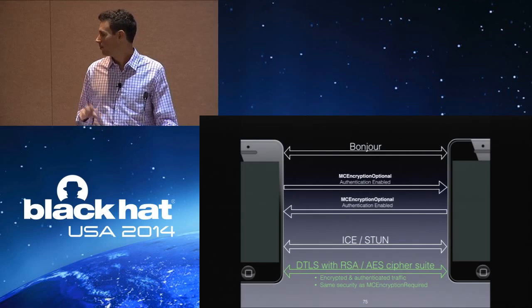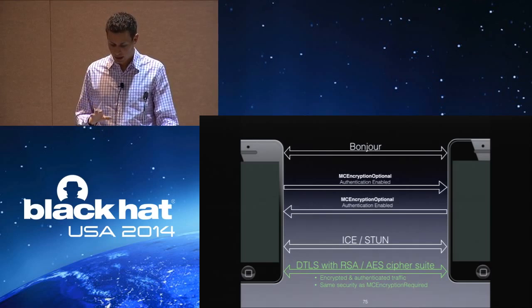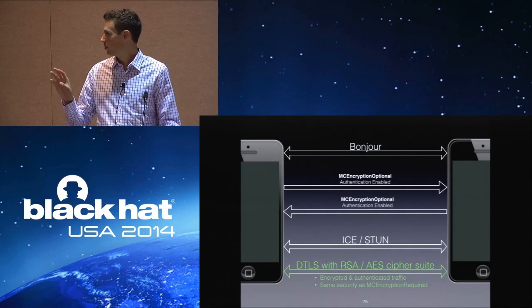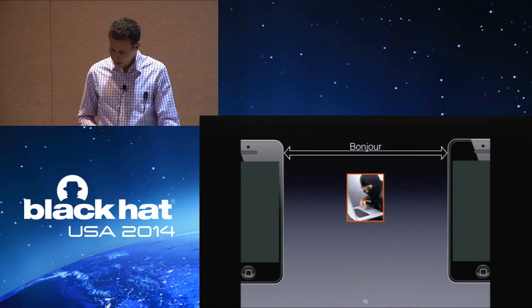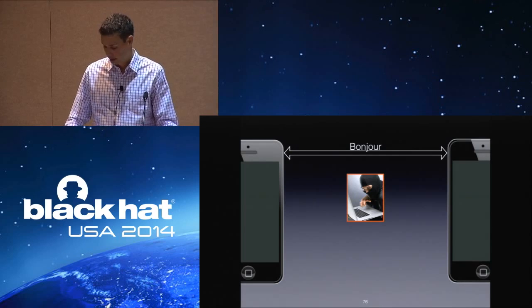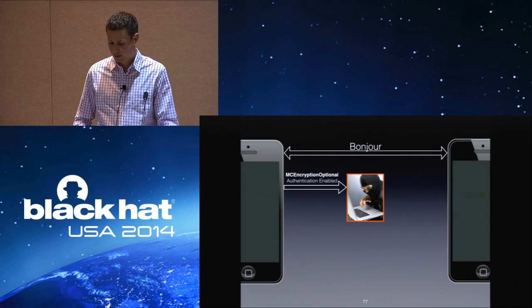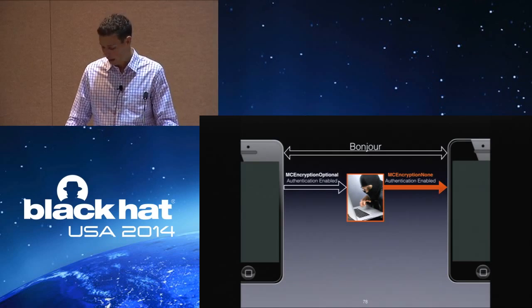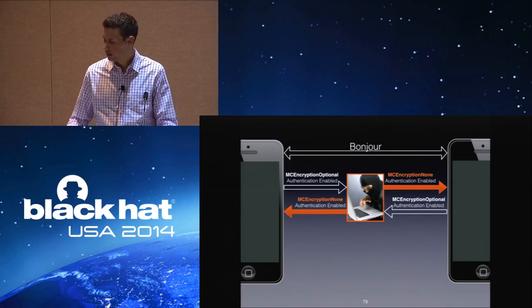So there's something that's kind of wrong with that, because the security settings are exchanged before authentication. So if someone is doing a man-in-the-middle attack, what they can do is change these security settings as they're being exchanged. And so they can basically downgrade encryption optional to encryption none, and do that for the two peers.